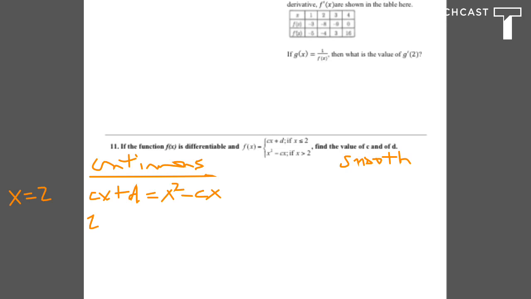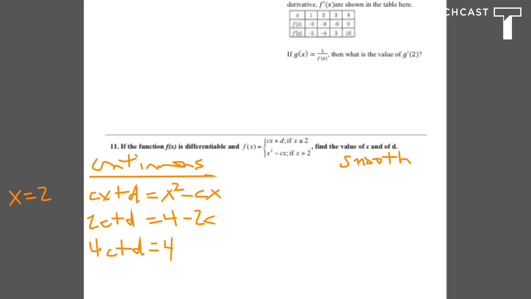So I can write 2c plus d, this is me plugging in 2 for x, equals 4 minus 2c. I'm just going to add 2c to both sides to put this in what I think of as standard form. So 4c plus d equals 4. If 4c plus d equals 4, then this function will be continuous.